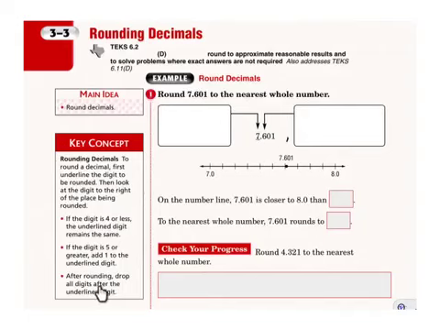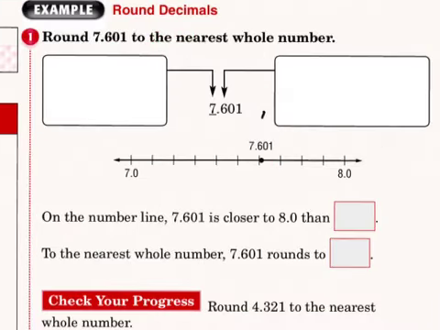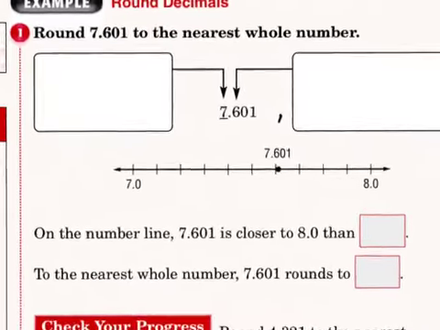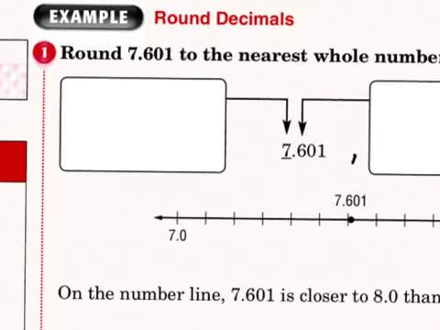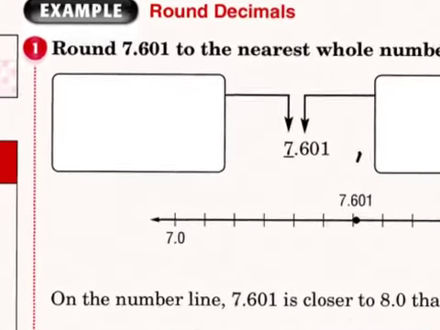And after rounding, drop all digits after the underlined digit. So if you're rounding to the whole number, the 7 is not going to be a 7 anymore. Your 7 is going to become an 8. Okay, let's see what you need to write in these boxes. So on this first one, it's pointing to the 7.